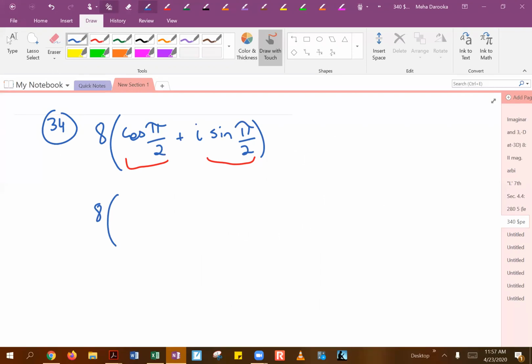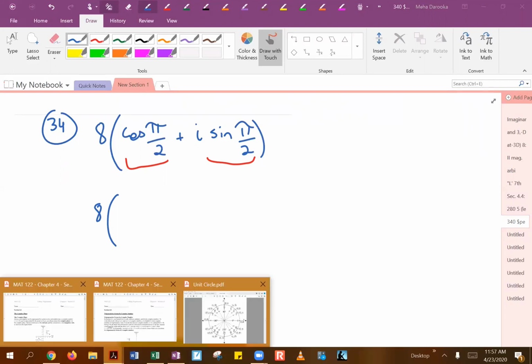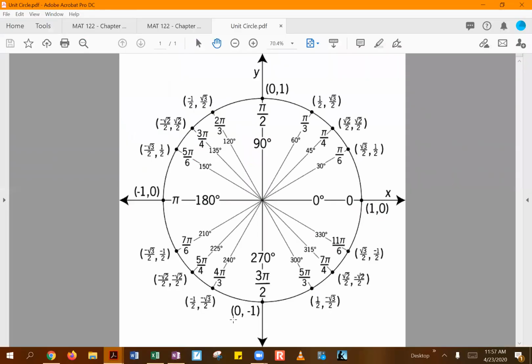So what is cosine of pi halves? Cosine of pi halves. So, 0.